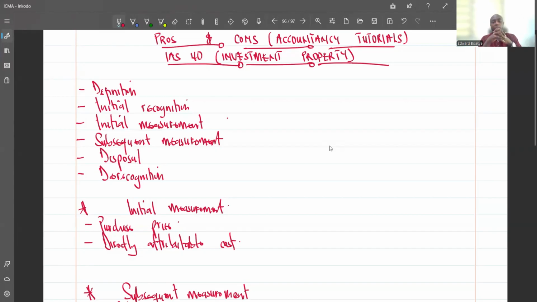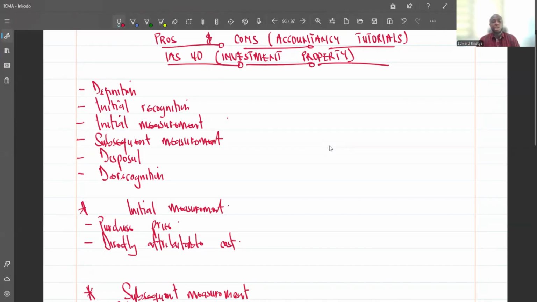Normally, their buildings are treated as investment property. But if you go into it, they provide some ancillary activities. So those other services which come as part of the rent are called ancillary activities. Recently, we have serviced apartments and the rest.